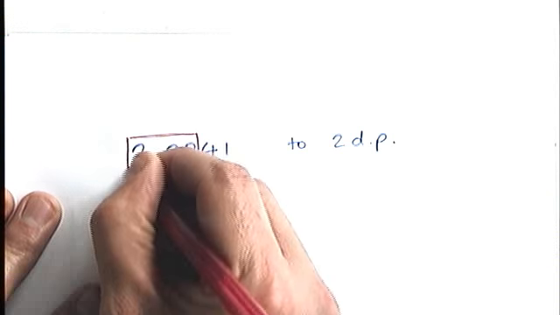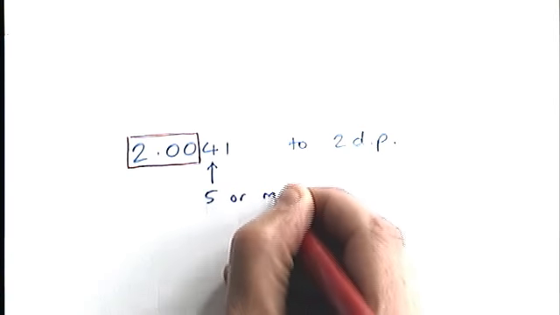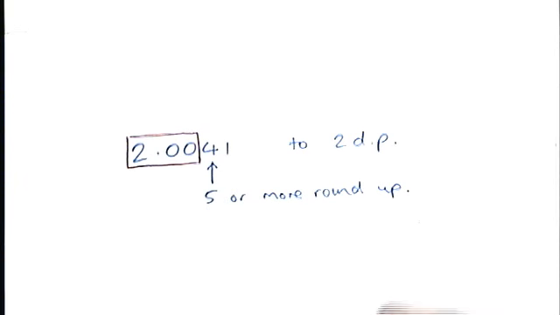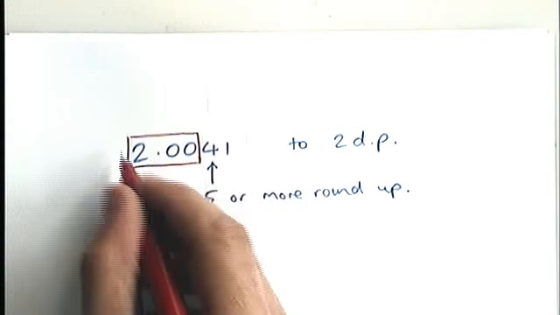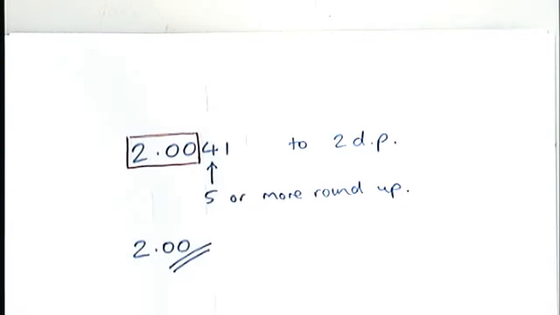So there's my 2 decimal places. If you check the next digit, if it's 5 or more, round up. Otherwise, just leave it as it is. Just leave the number in the box and the answer 2.00. Okay, so that's a shortcut way you can do.